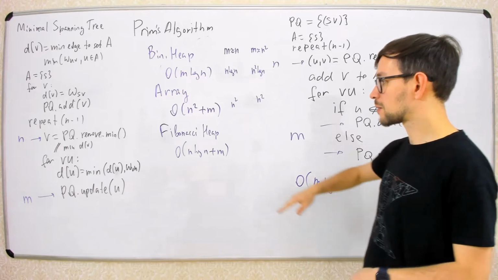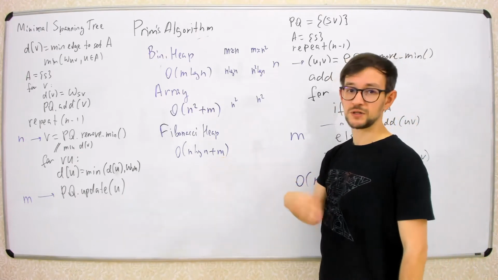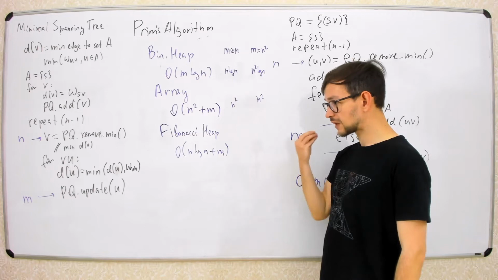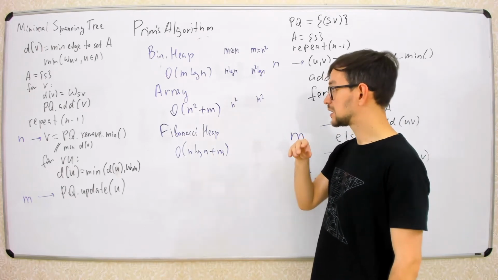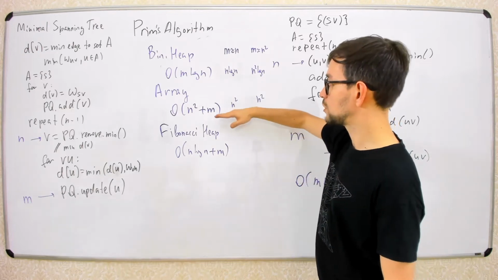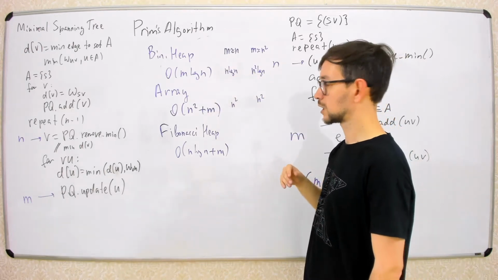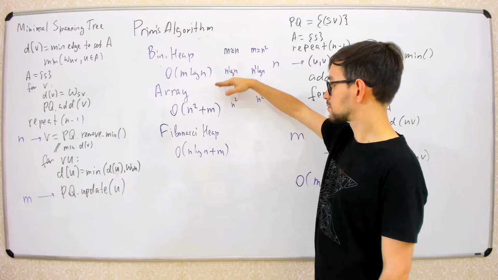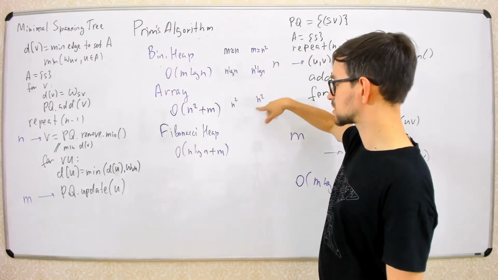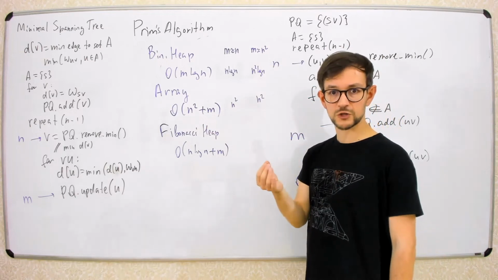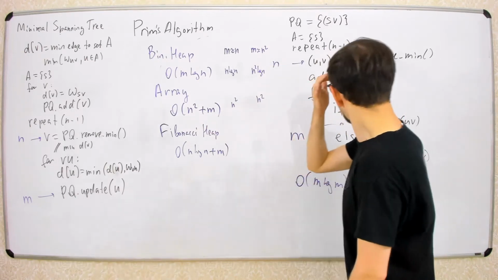So the theoretical time complexity is quite good, but the actual time spent by your computer will be bad. So in most cases, you need to use one of these algorithms. Mostly this, but sometimes this is efficient. If your graph is very dense, then using arrays is more efficient than just using a binary heap. Cool.